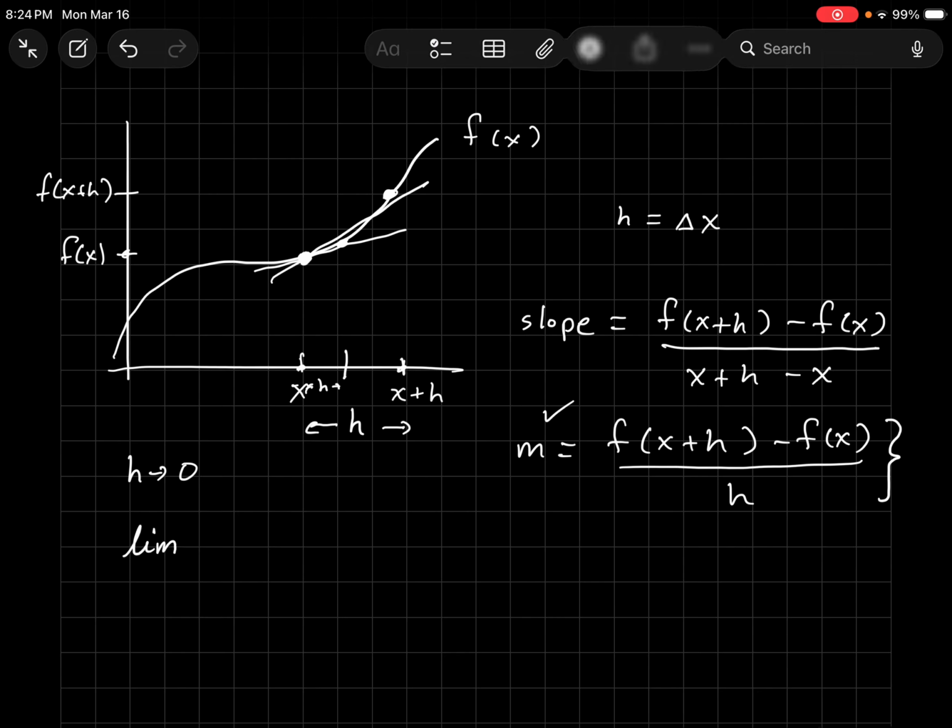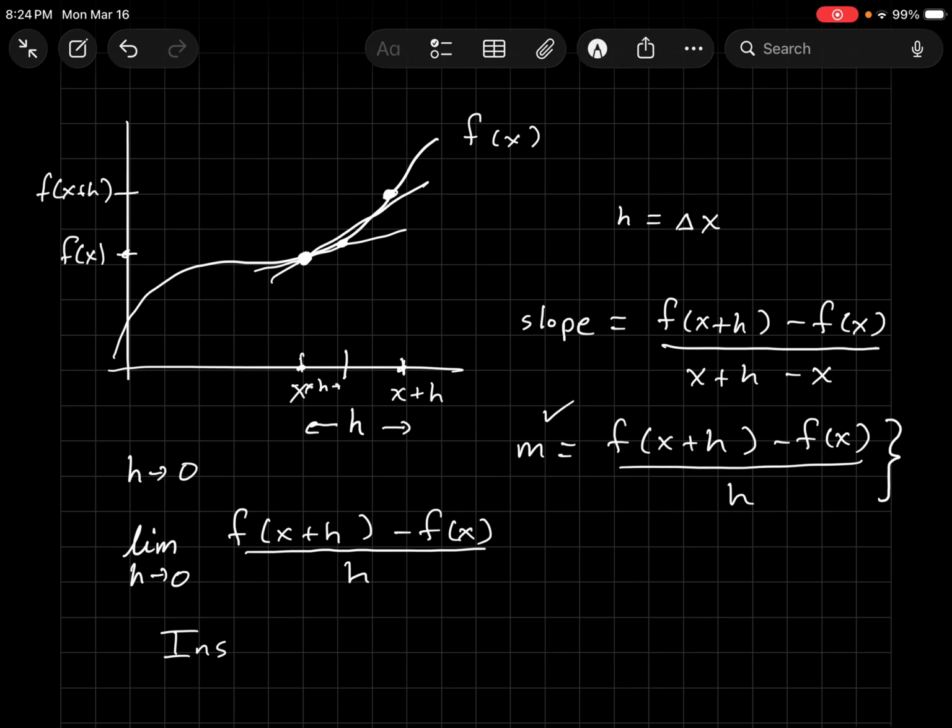That is, what if we find the limit as h goes to 0, or delta x goes to 0, of our slope, f of x plus h minus f of x all over h? When we do this, we get the instantaneous rate of change.